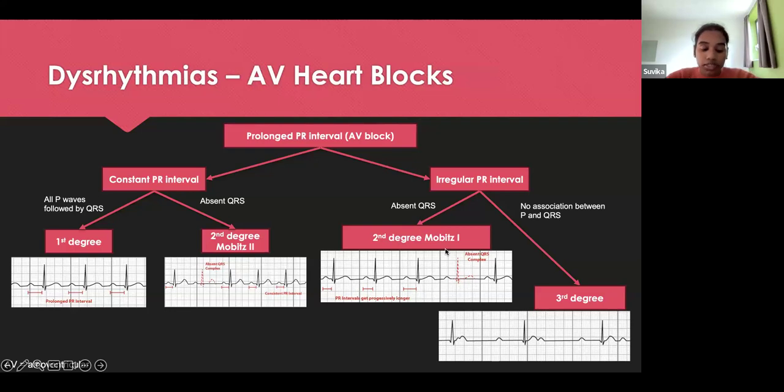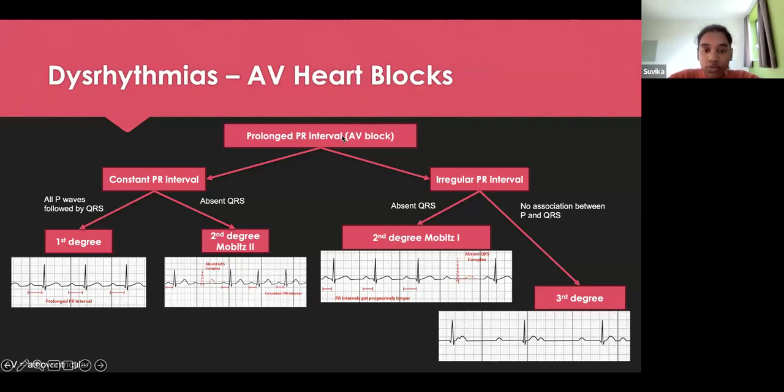So in this example, in this question, we know the PR interval is prolonged. We also can see there's no constantly prolonged PR interval. At the start it's long, then it's short, then it's long again. So it's doing funny things here, and we know it's irregular.